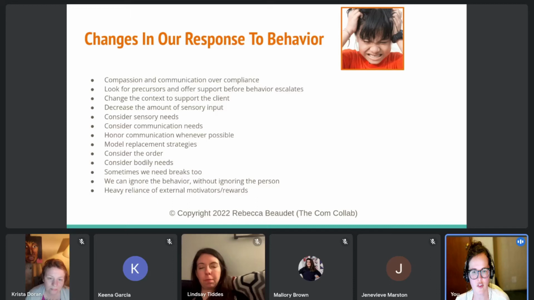Consider the order of things. I know we talked a little bit about this on the previous slides. Like, can you teach the math lesson before the reading lesson? Can things even happen concurrently? Like, it's common in human service fields, especially behavior therapy, to use first-then schedules, which can feel really reinforcing or punishing depending on the moment and the child.